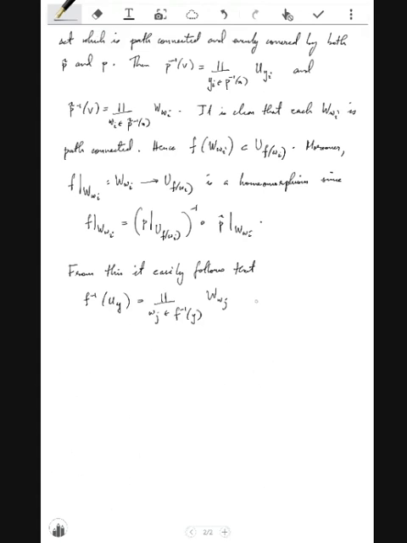And f from W sub w_j to U sub y is a homeomorphism.